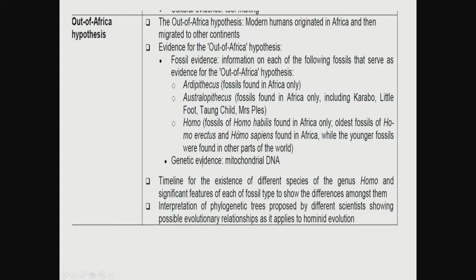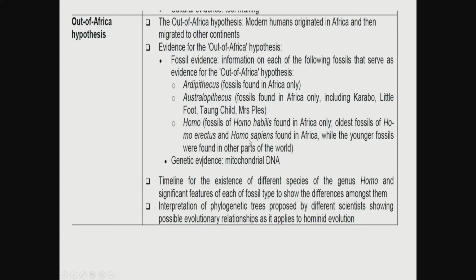That means the oldest fossils of Homo sapiens are found in Africa, and younger, more recent fossils were found in other parts of the world. The fact that the oldest ones were in Africa means that they contribute to the out of Africa hypothesis. So if the oldest fossils are found in Africa, it means they first came from there. But there are others that were found in other parts of the world, but they were younger.